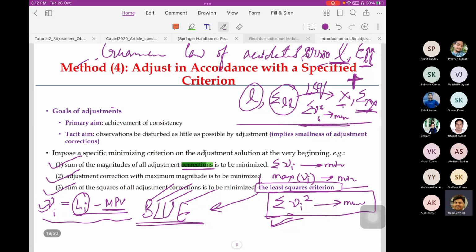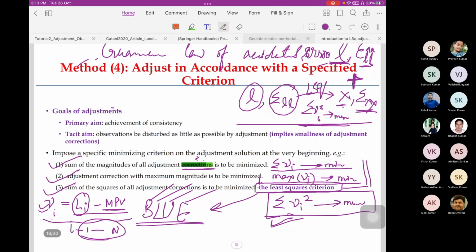Okay, so that is the corrections. People sometimes get confused. What are the corrections? What are those corrections which we are going to apply? These are the corrections where we have the set of observations and we just want to highlight the residual, or the deviation of these individual observations from the most probable value. So one case is that the summation of all the residuals is to be minimized. Then the second is that the max of Vi is to be minimized. That means we get V1 to Vn, and whatever value of any i is maximum, we want to minimize that.